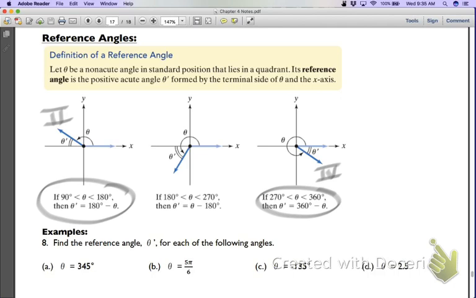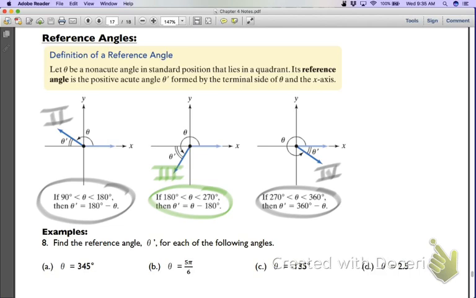Whereas down in quadrant 3, it's going to be reversed. We take our actual angle measurement and take it back to 180. Everything we do, we're always going back to the x-axis.